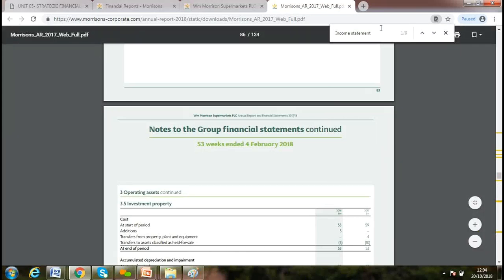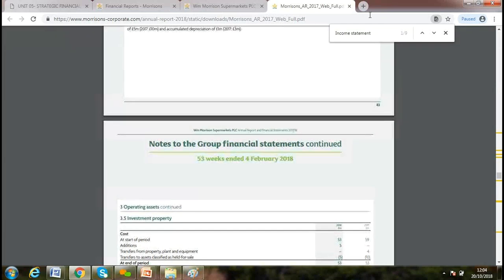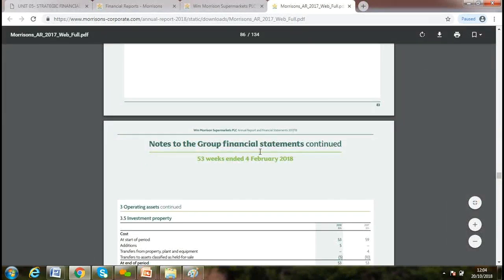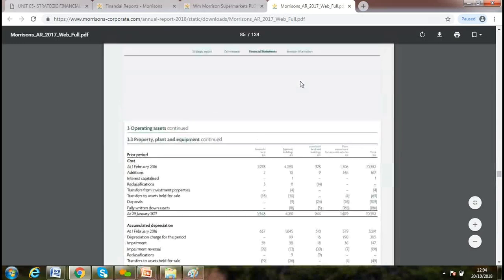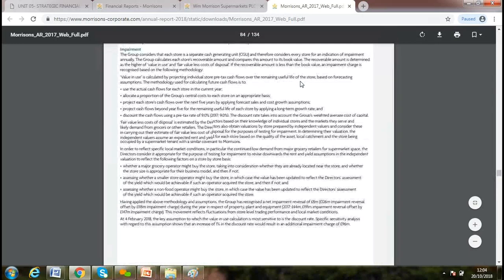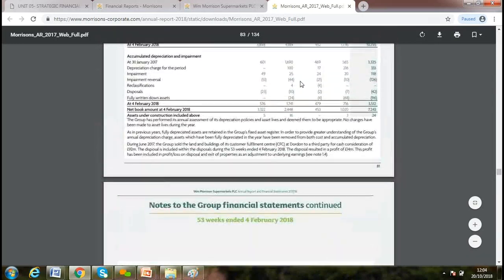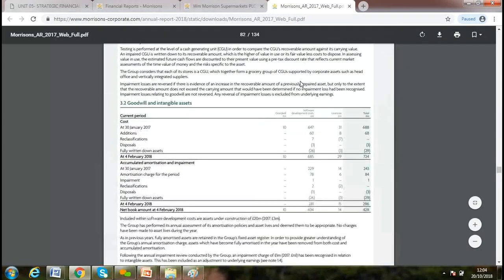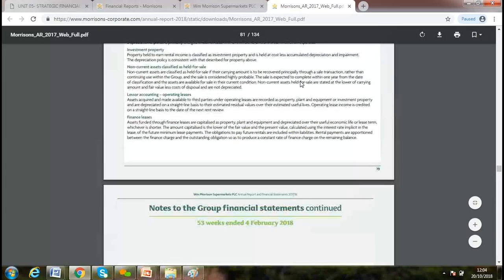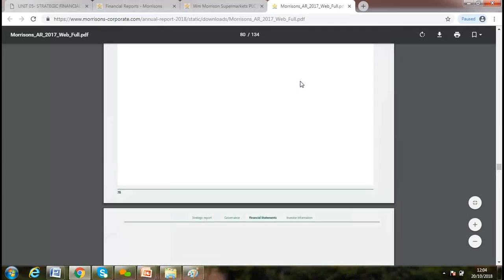We'll go through. You see it's written there, group financial statement. Normally they have different ones, always try to use the group. Group means they have maybe many subsidiary companies, so we call them a group.